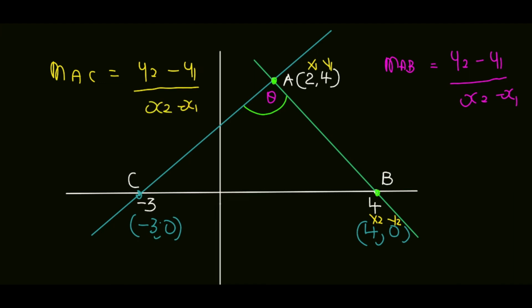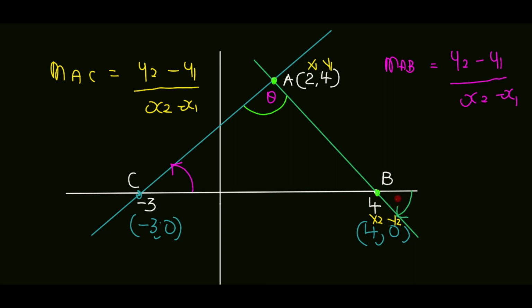So from there we will create the angle of inclination at this one, because we have the gradient. Then we do the same thing at this line AB, but because this line has a negative gradient, we will use that negative gradient to create this angle.